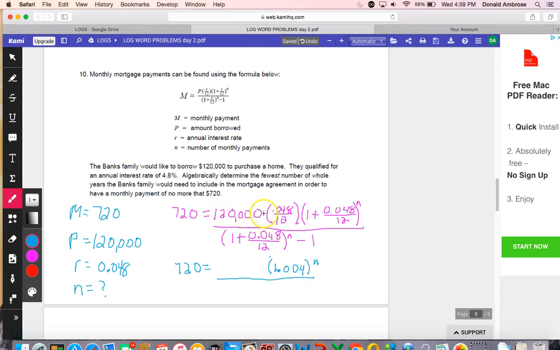This 120,000 times the 0.048 over 12, there's nothing else happening except for this multiplication, this division, so we can actually calculate what that all will equal. And when we multiply that out, we should get a value of 480.